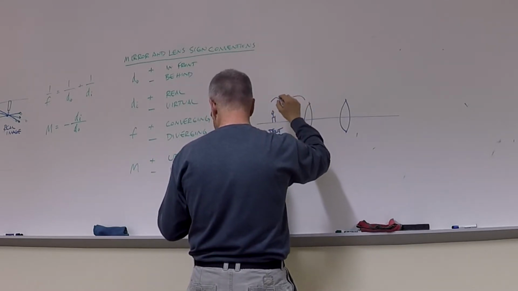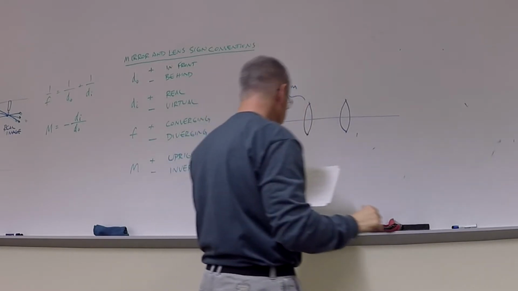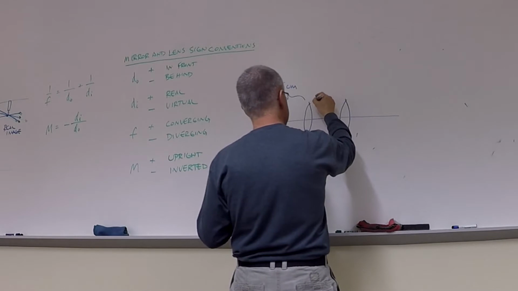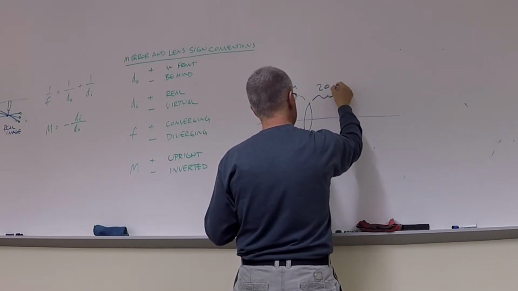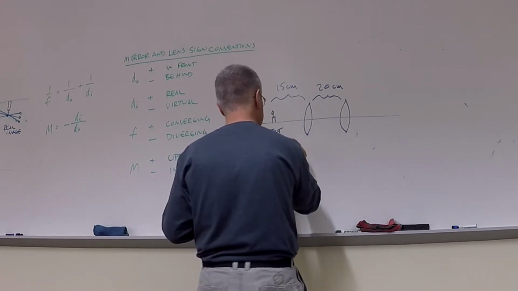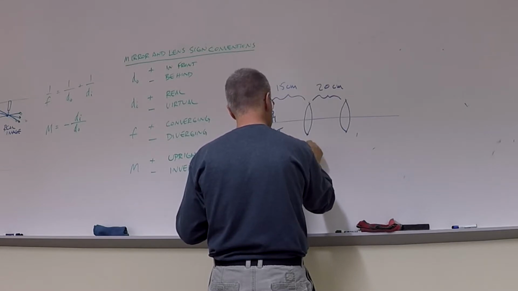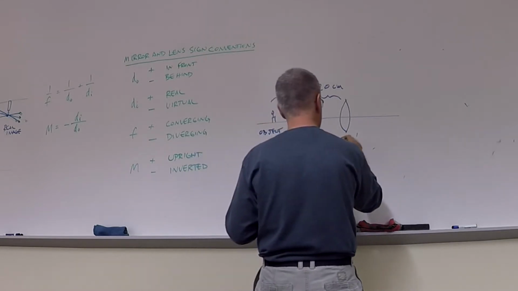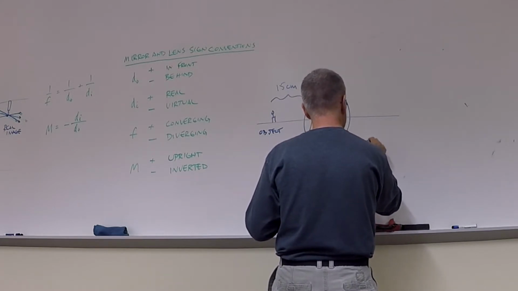Let's make that object 15 centimeters from the first lens. Let's put the two lenses 20 centimeters apart from each other. And let's make them different focal lengths. Let's say the focal length of the first one is 10 centimeters. The focal length of the second one is 20 centimeters.